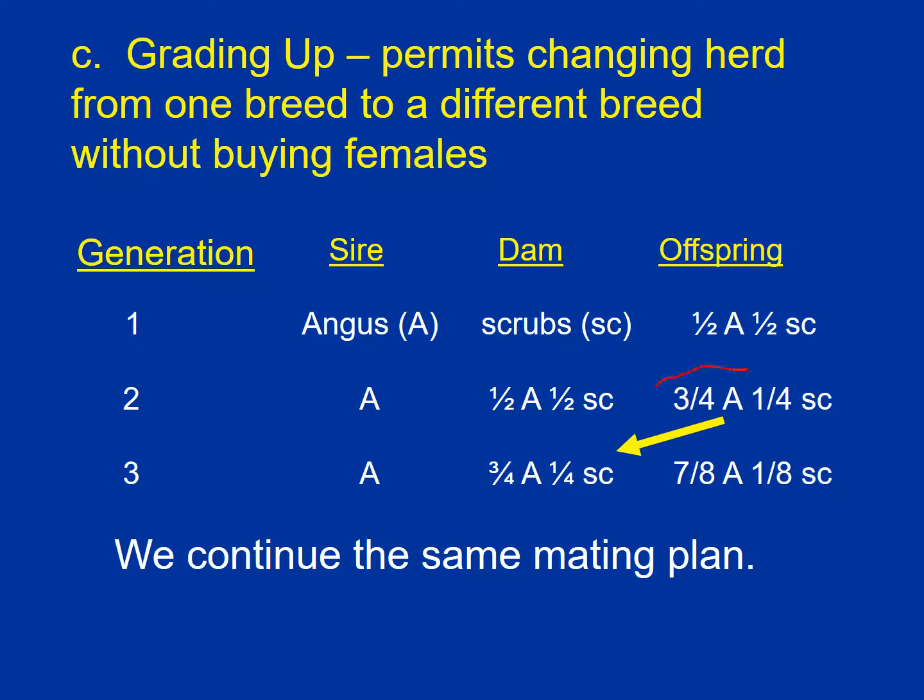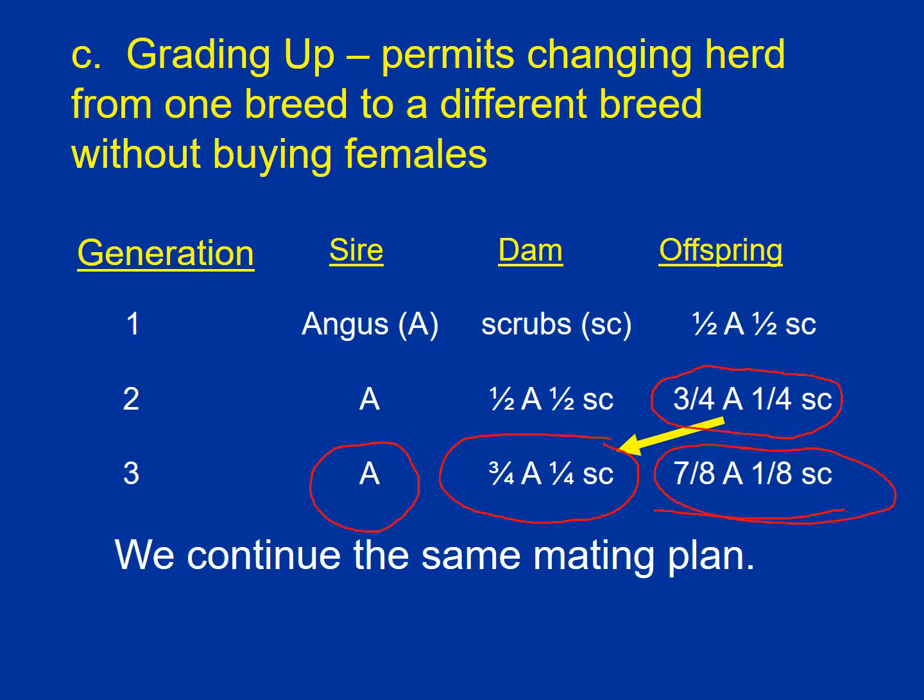So we're going to save young stock from the second generation, 3/4 Angus, 1/4 original genetics. Buy some good Angus semen again. Resulting offspring are going to be 7/8 Angus. And at that point, we're probably not going to be able to tell too much difference between these 7/8 Angus and purebred Angus.